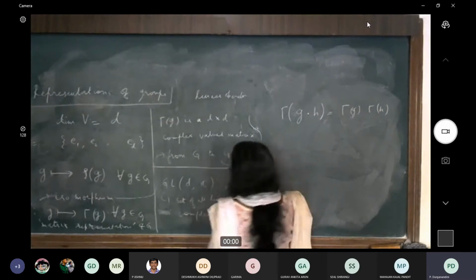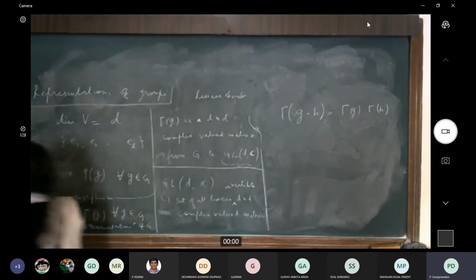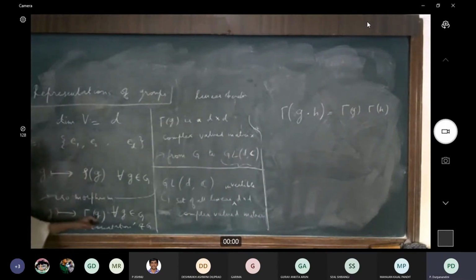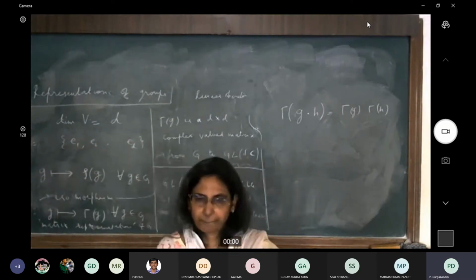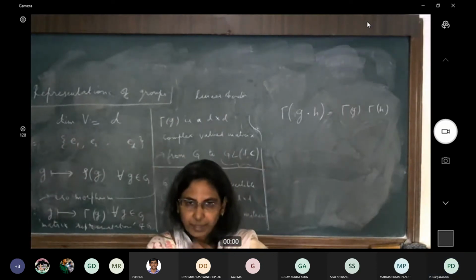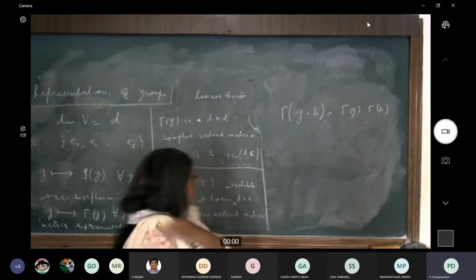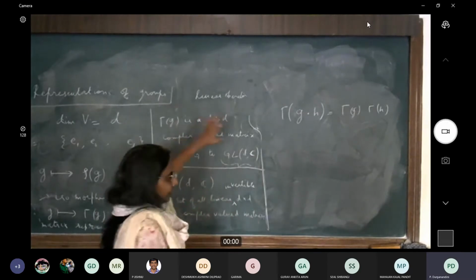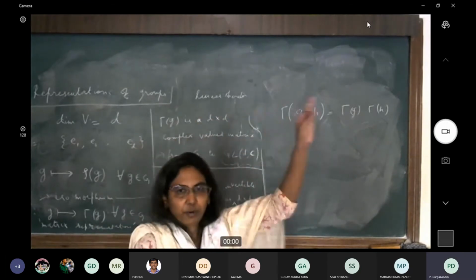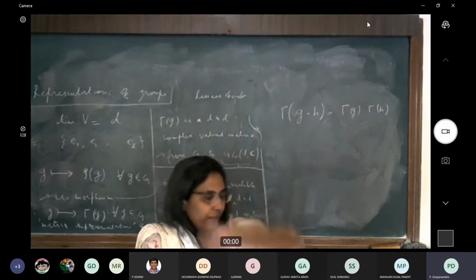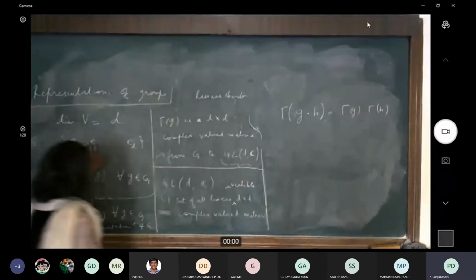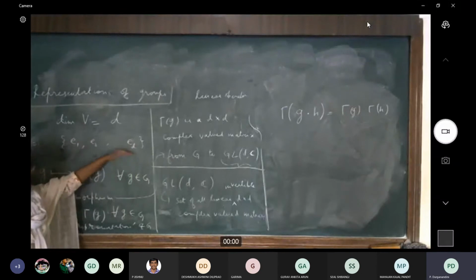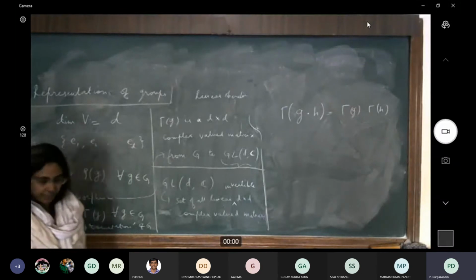Now you can ask the question: is this a unique realization? Because the way I constructed the matrix was through the basis vectors. We calculated gamma on each of the basis vectors, and from that I got each particular row. But you also know that for a vector space the choice of a basis is not unique. I can go from this to another basis.